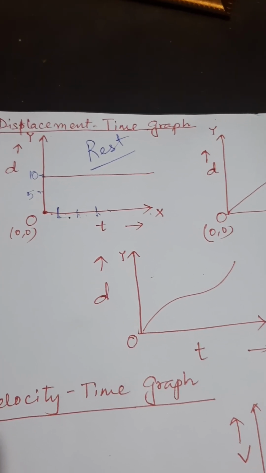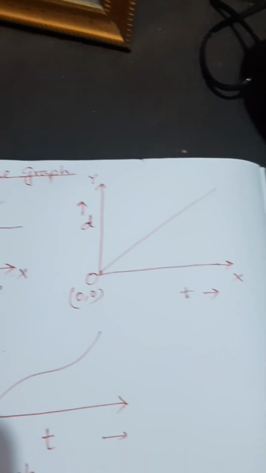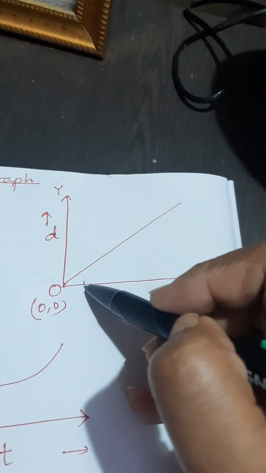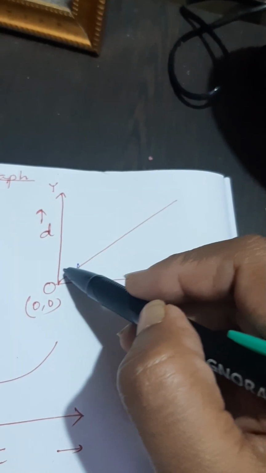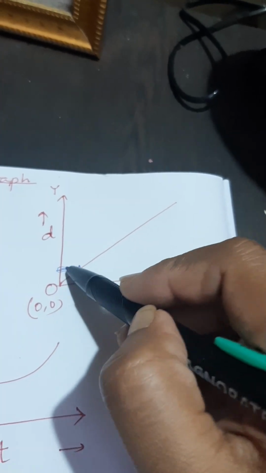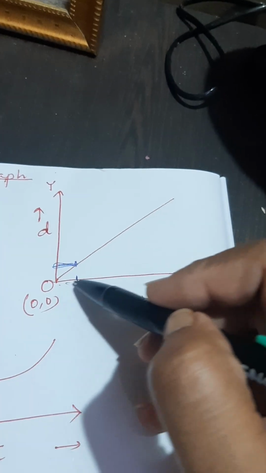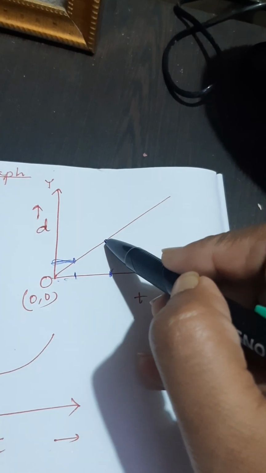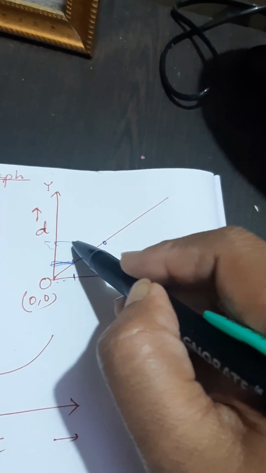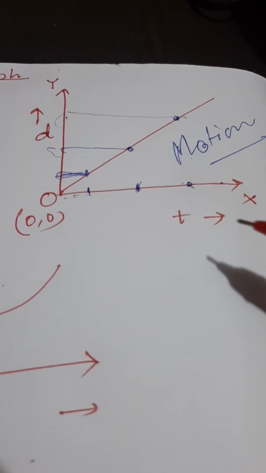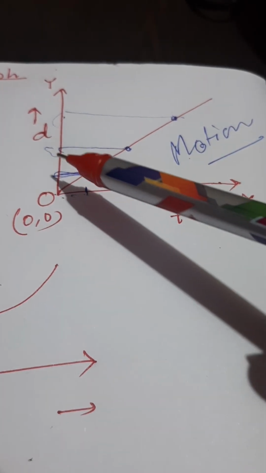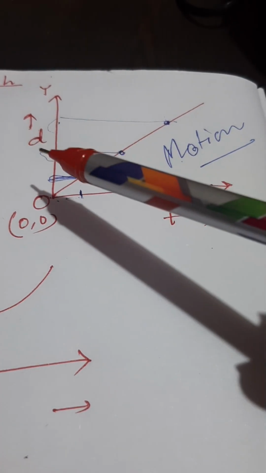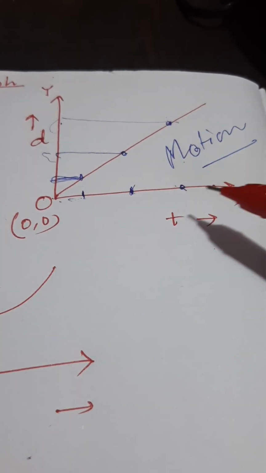For any object which has a changing distance with time, suppose at this moment it is at this distance. After some time, the object is here, so the distance has changed, you see. Now we come to the second graph where displacement and time are plotted along the y and x axes respectively.